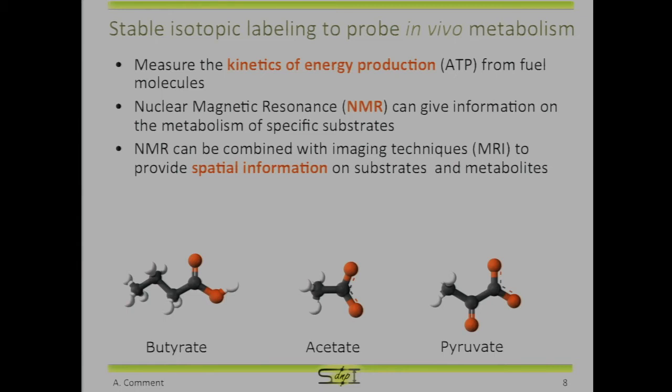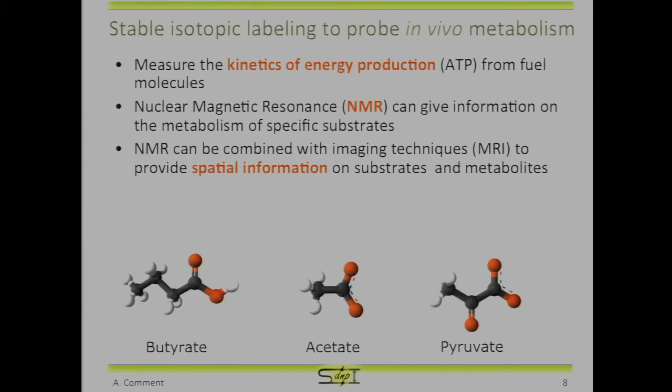What's nice about NMR is that it gives information on the metabolism of a specific substrate, and it can be combined with the MRI technique to provide spatial information on substrates and metabolites. So you can see what is going on and where it's happening. This is the power of this technique.